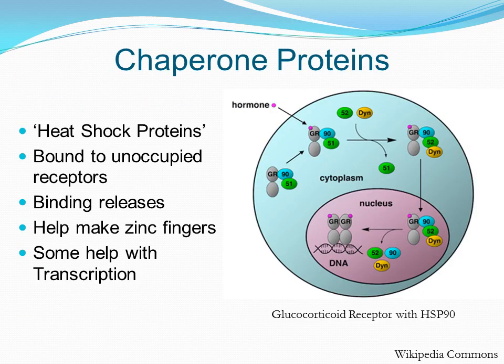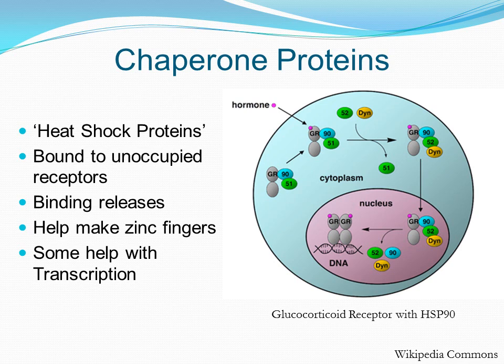Once the hormones get to the tissue, they also encounter something called chaperone proteins. And these chaperone proteins help to cause the binding of the hormone to the receptors. Now, you've probably learned about heat shock proteins in a different way, but these are the same type of proteins that are used here.